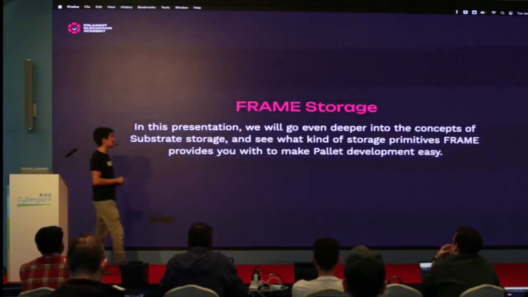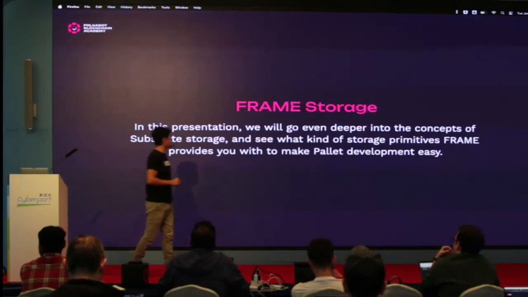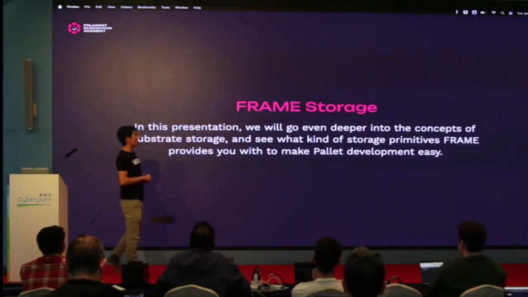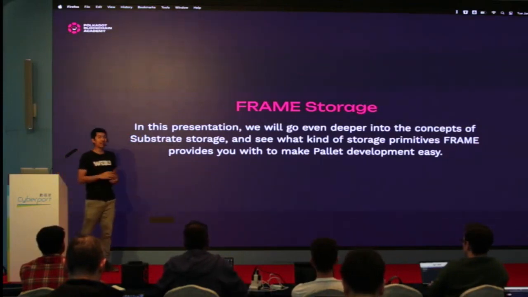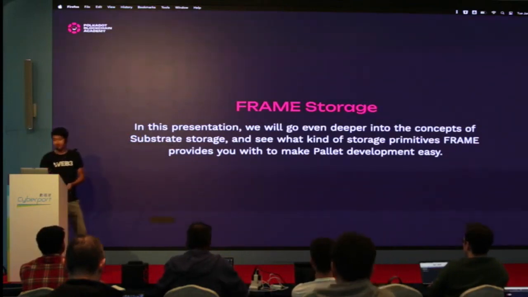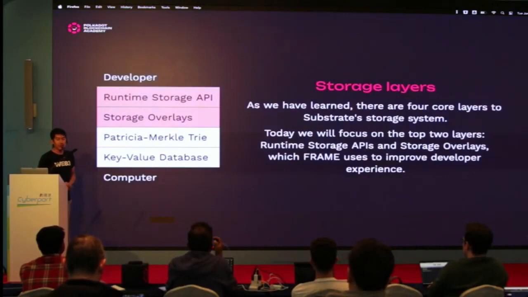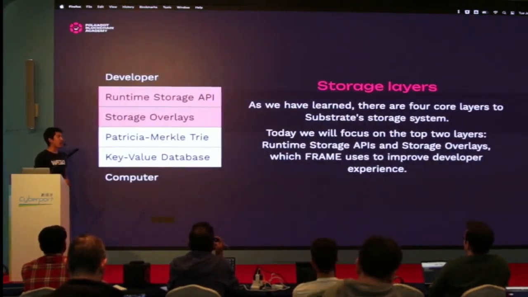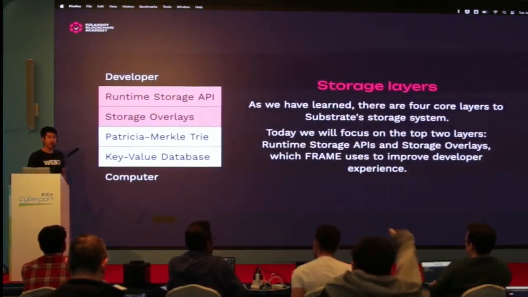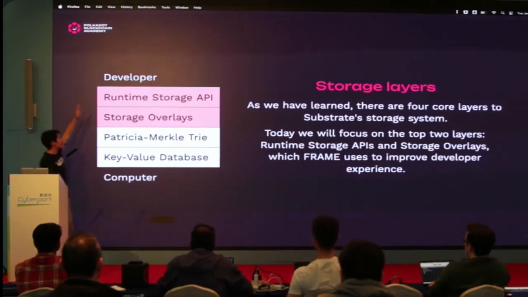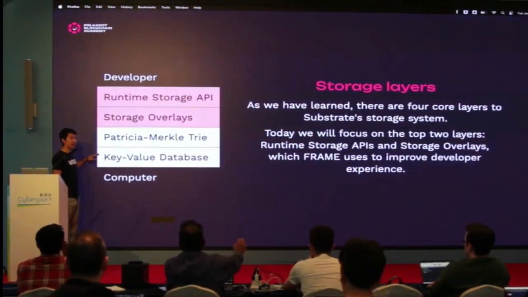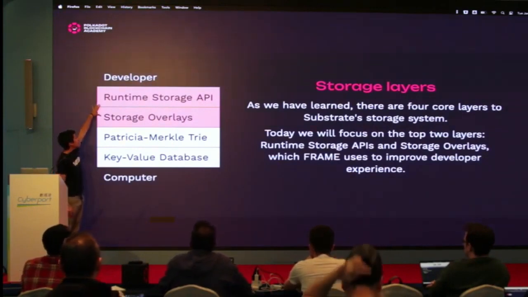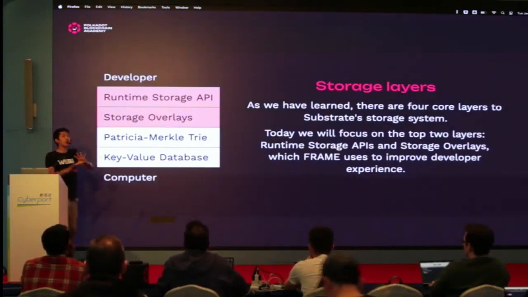In this presentation, we're going to go deeper into the concepts of Substrate storage, see what kind of storage primitives FRAME exposes to you and how it all connects and makes pallet development easy, okay? As you've already learned, in Substrate there are different layers to the storage system, right? You have the runtime storage API, storage overlay, Patricia Merkle tree, key-value database. And these two pink boxes are more about where you as a developer touch.